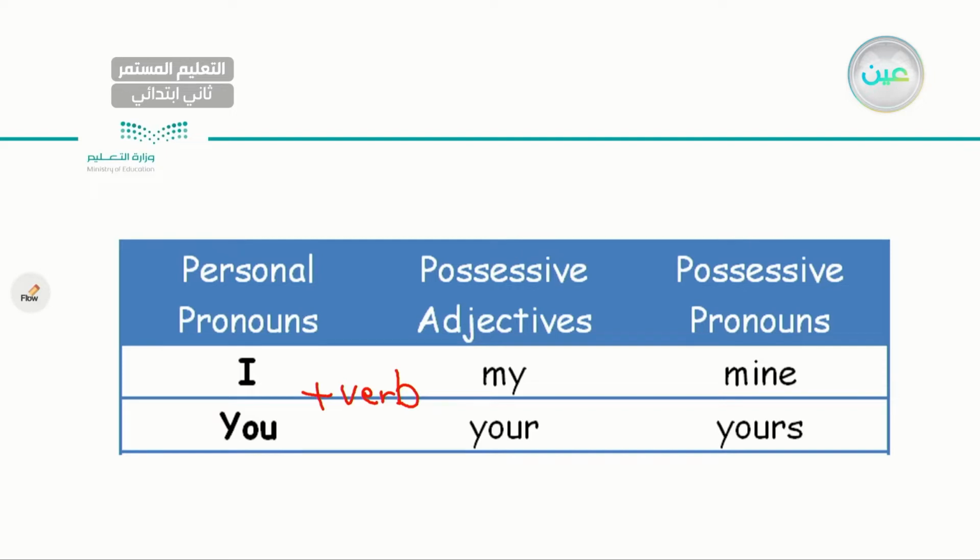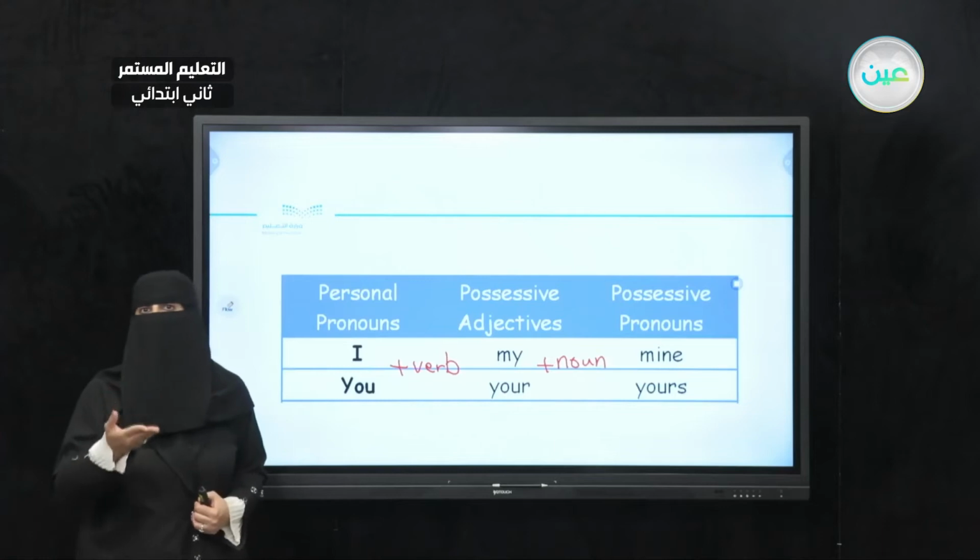For the possessive adjectives, it's another story. They are not followed by a verb, they are followed by a noun. Let's give examples. My name, my family, my job, your car, your house, your bag.